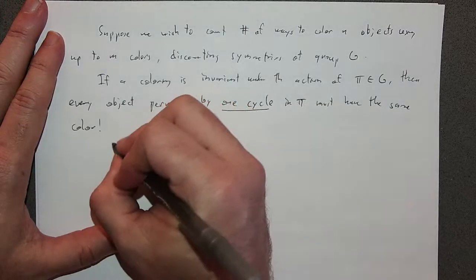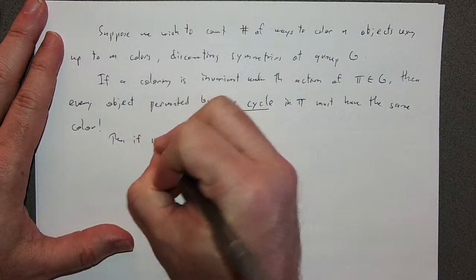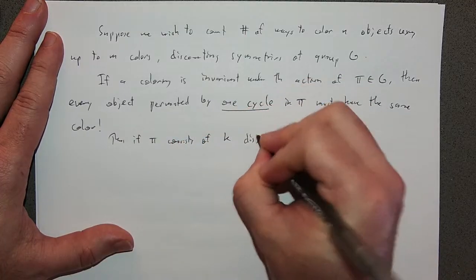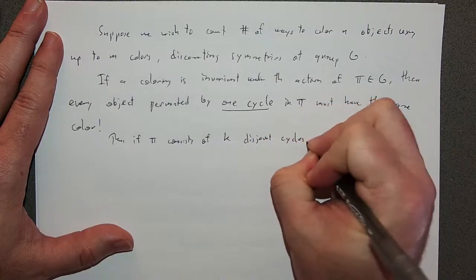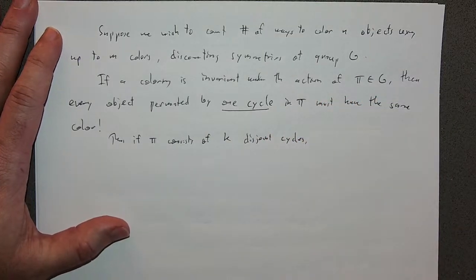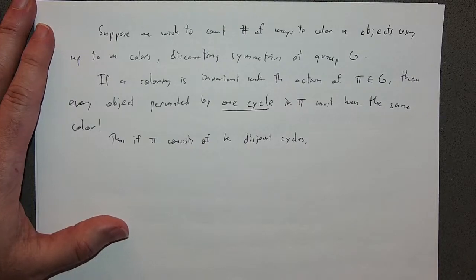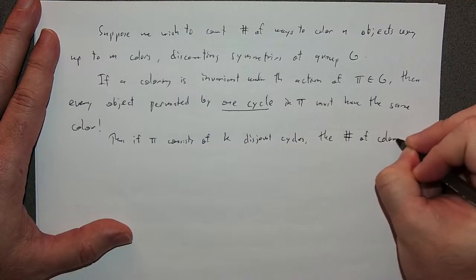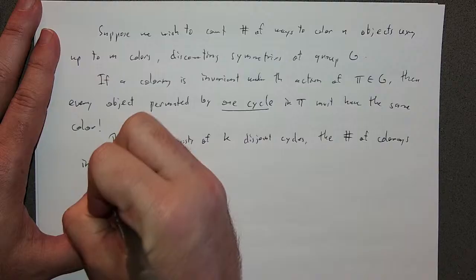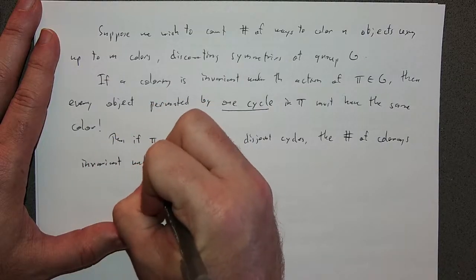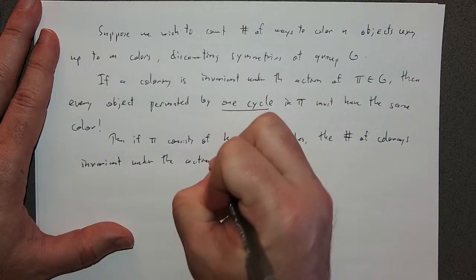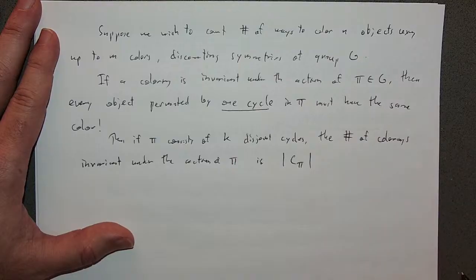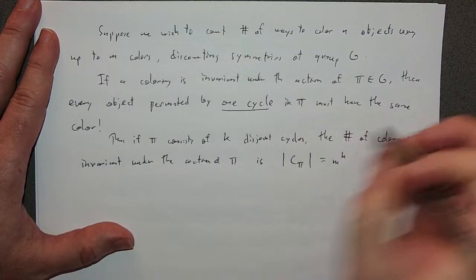So, thus, if pi consists of k disjoint cycles, the number of colorings invariant under the action of pi is the size of that invariant set, which is m to the k.